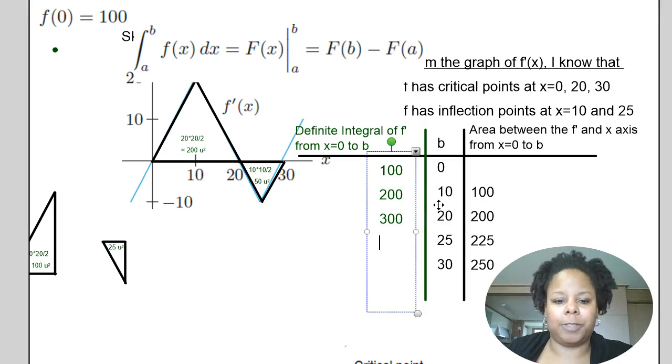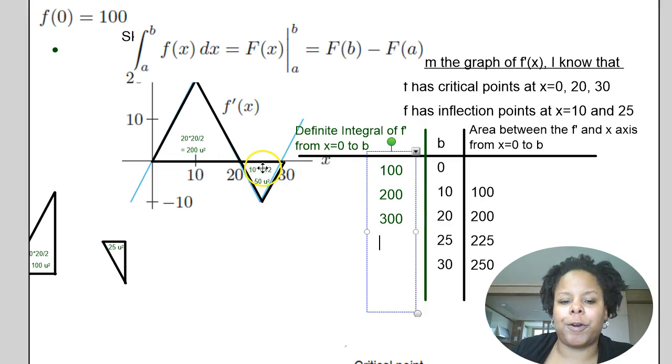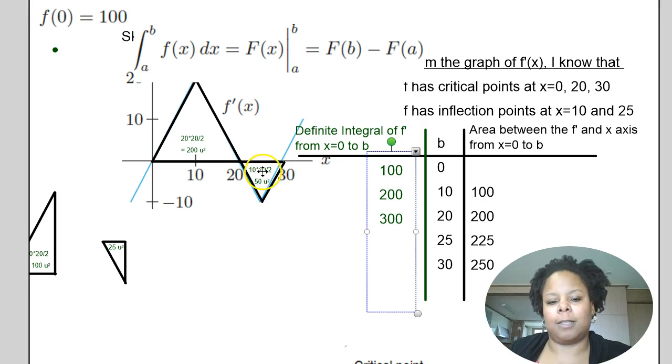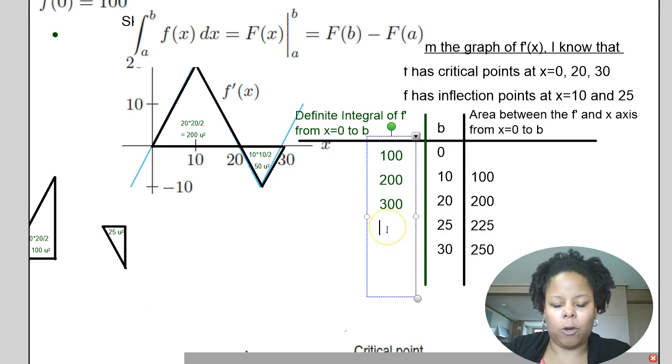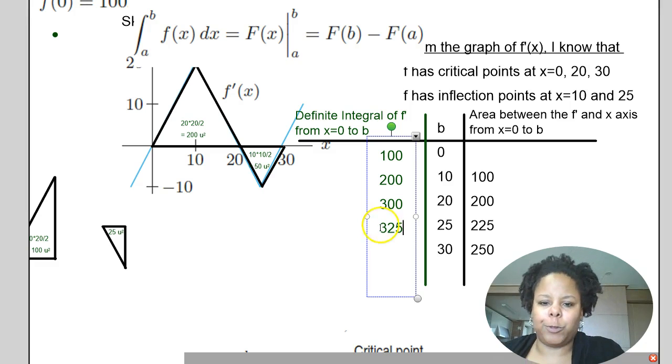And then here we have a little difference, because now our area under the graph is on the negative side. So we're actually going to do this a little bit differently, because in order to get 225 from 100, you would say, oh, this has to be 325, because 325 minus 100 is 225. But remember that since it's underneath the axis, we would subtract this area.